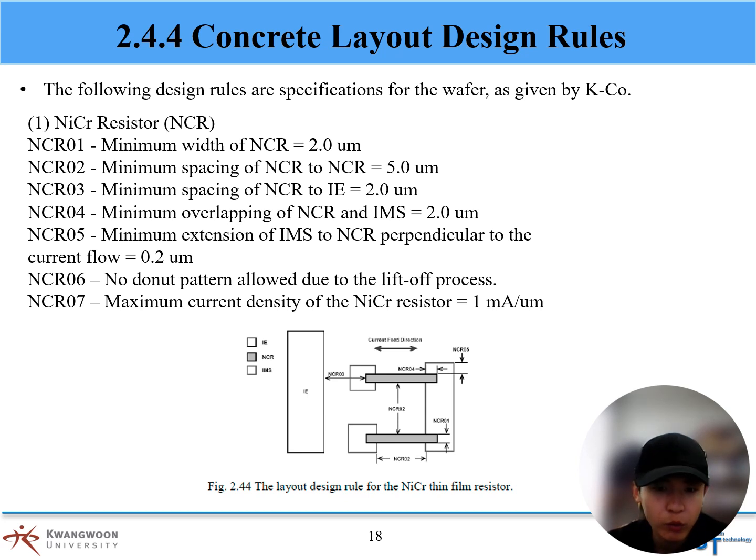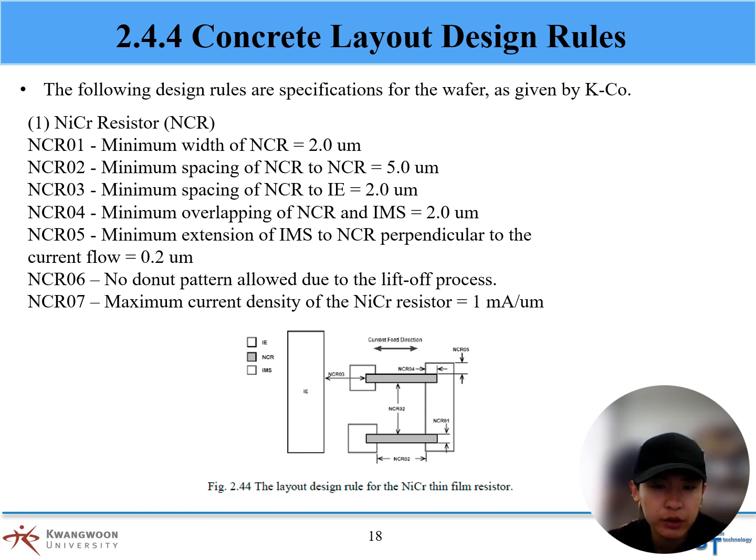The minimum overlapping of NCR and IMS is 2 micrometer. The minimum extension of IMS to NCR perpendicular to the current flow is 0.2 micrometer. No donut pattern allowed due to the lift-off process.